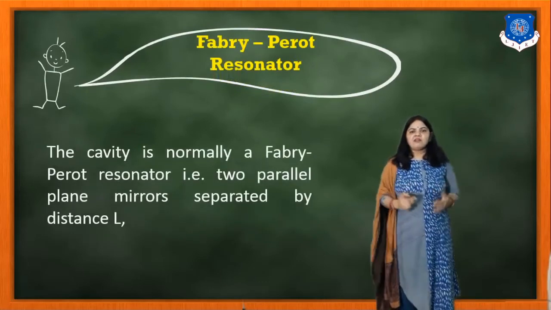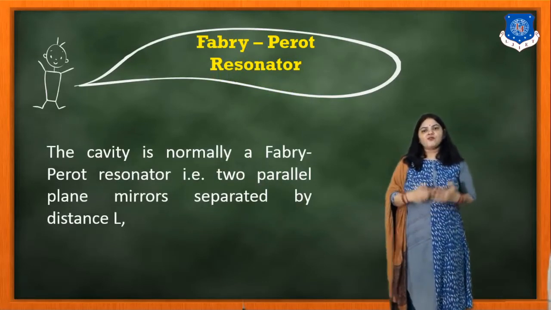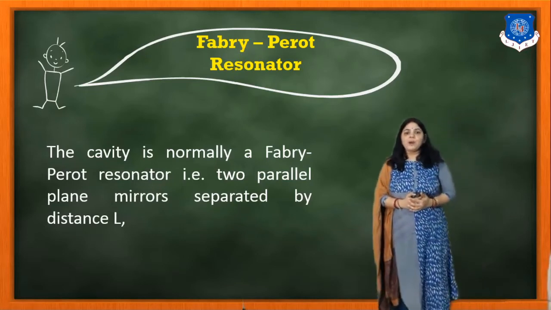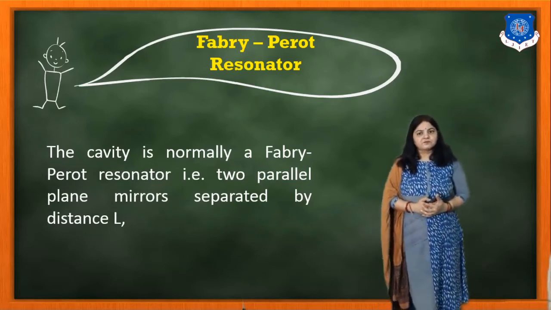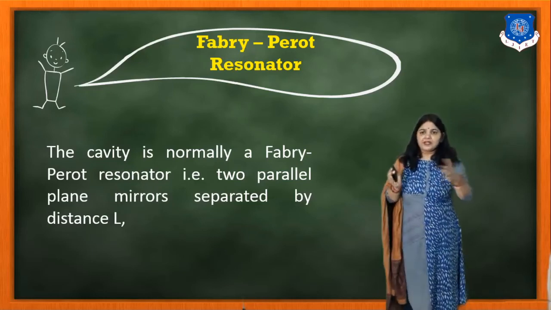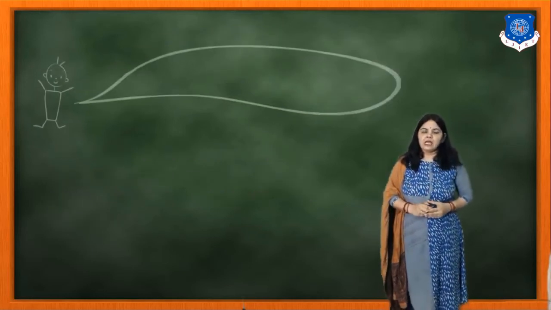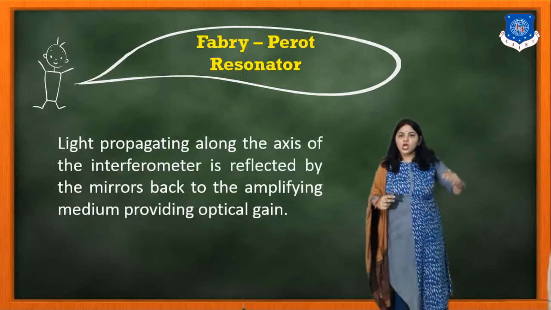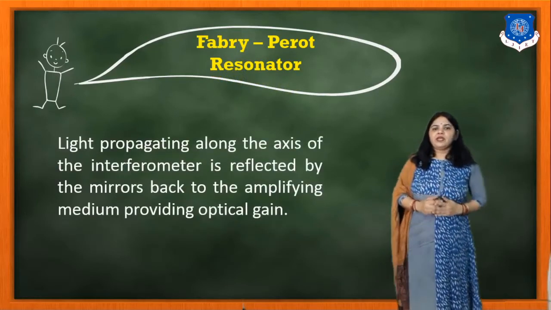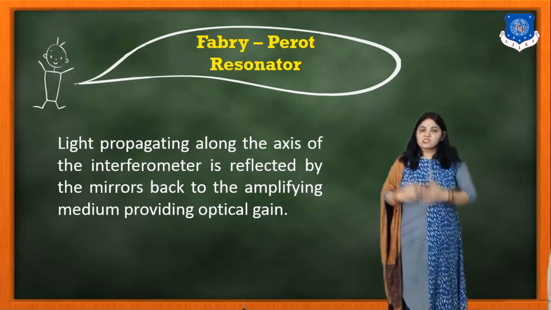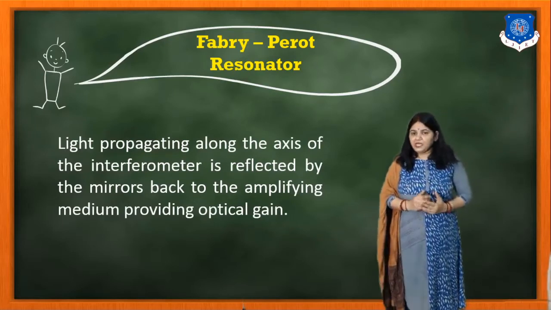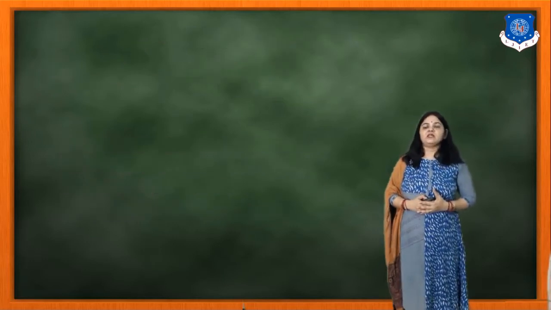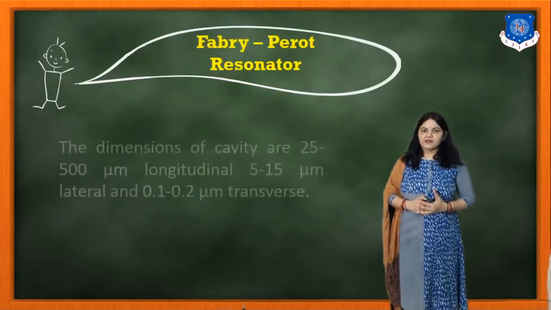This cavity is normally a Fabry-Perot resonator, which has two parallel plane mirrors separated by a distance L. The light propagating along the axis of the interferometer is reflected by the mirrors back to the amplifying medium, providing the optical gain.